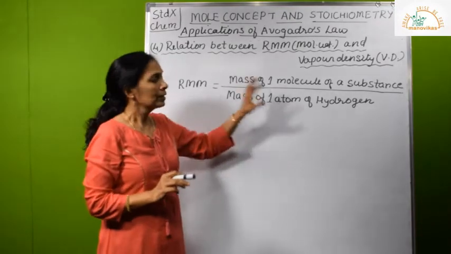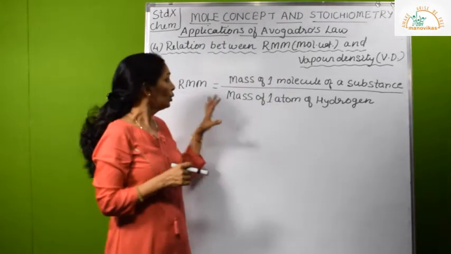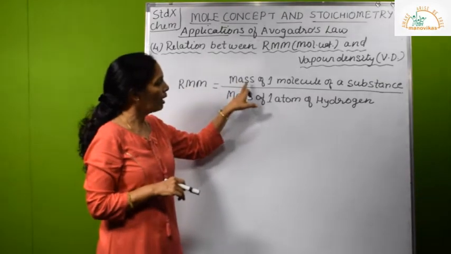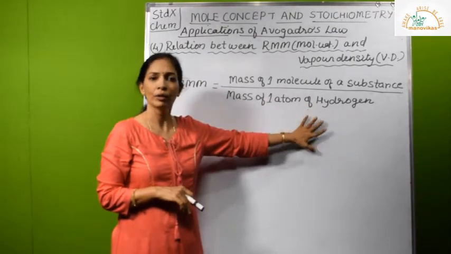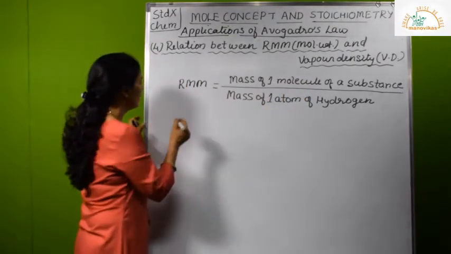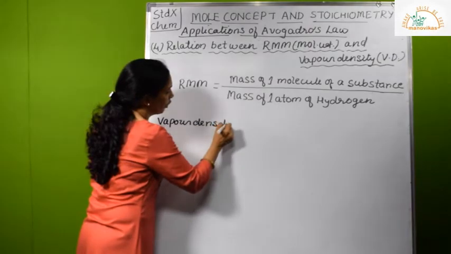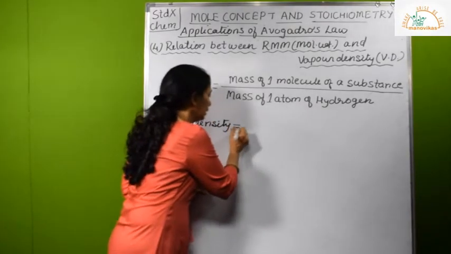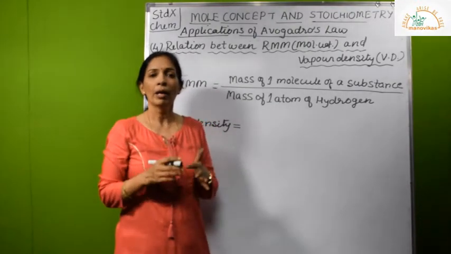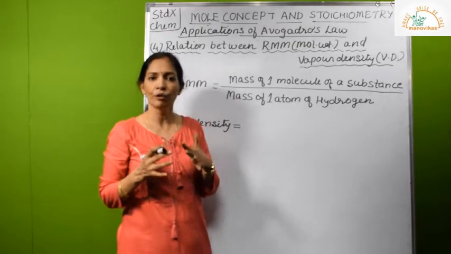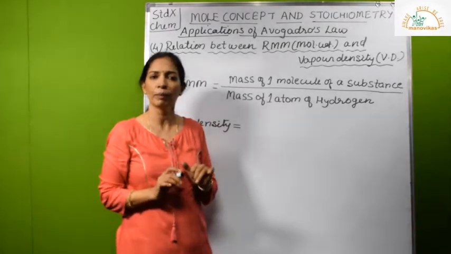So substance, here we are taking gas or vapor because vapor density will be for that state. So relative molecular mass is equal to mass of one molecule of a substance upon mass of one atom of hydrogen. This is a ratio. Now what is vapor density? Vapor density can be written as V.D. This is also a ratio between mass of certain volume of a gas or vapor to mass of same volume of hydrogen at same condition of temperature and pressure.